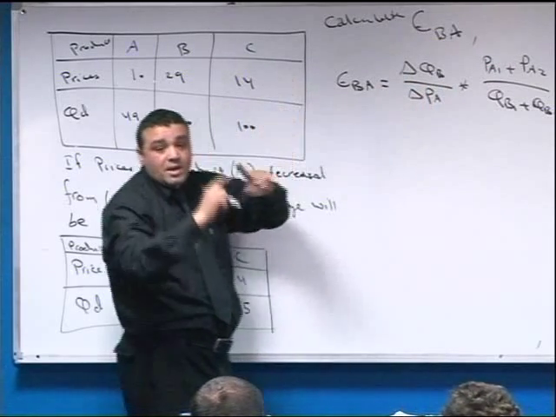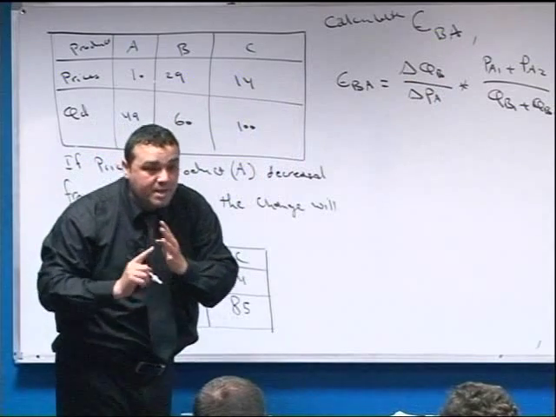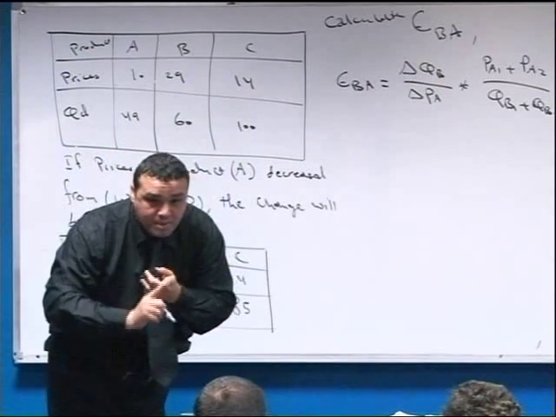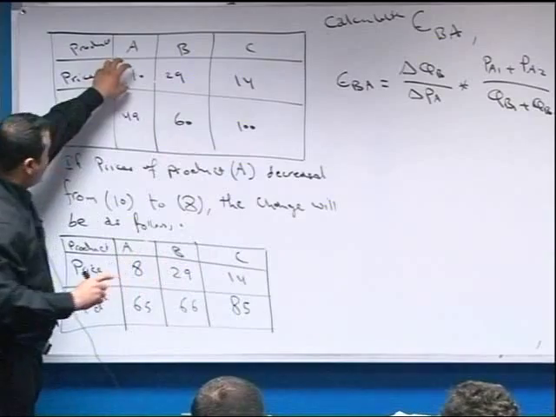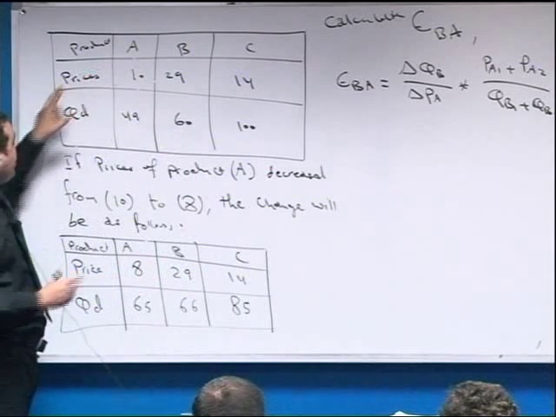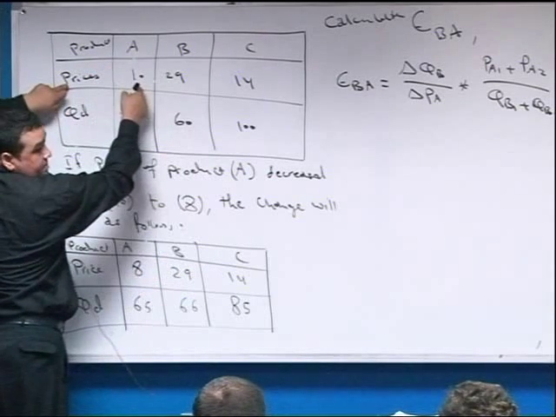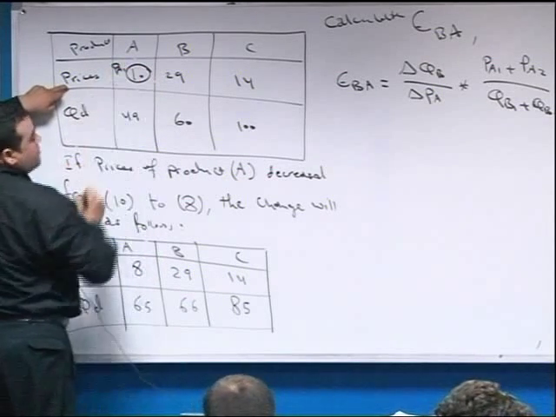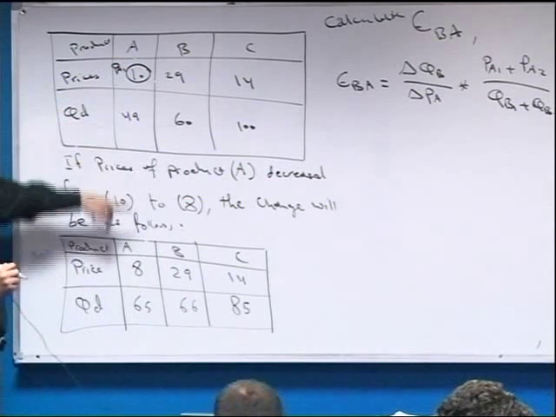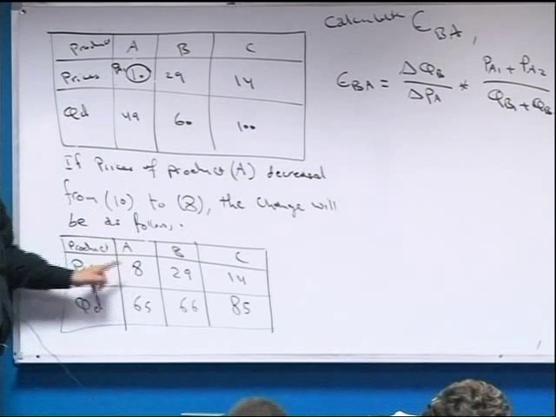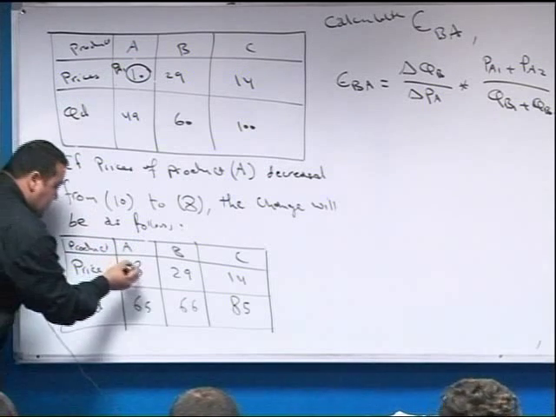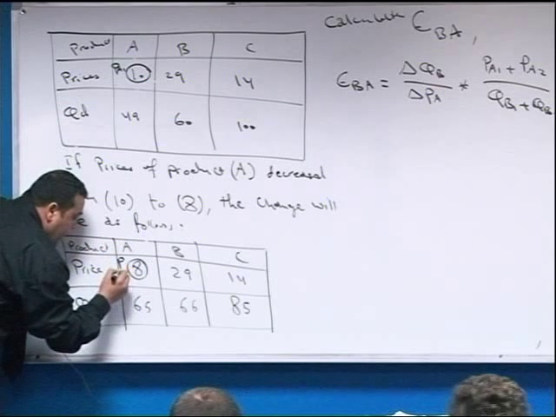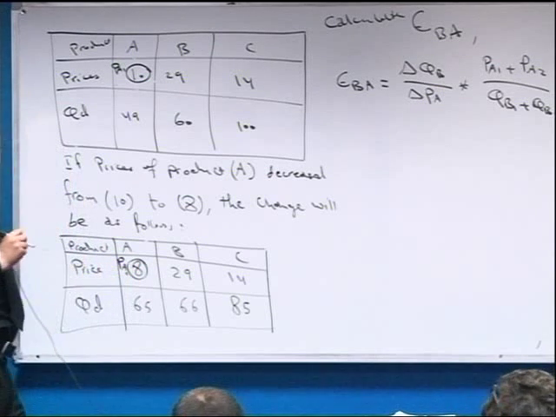So let's determine where PA1, PA2, QB1, QB2 are. This is the original price of A, PA1, right? And then the price of A declined to 8. This is PA2, right?